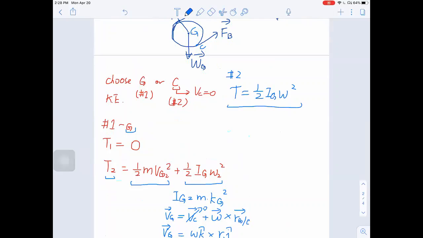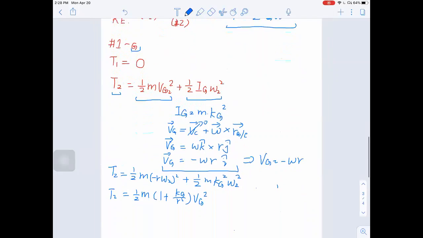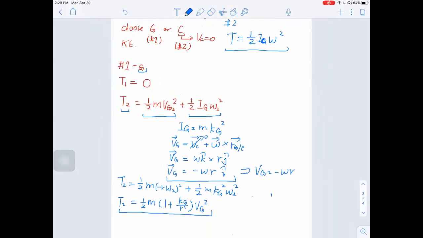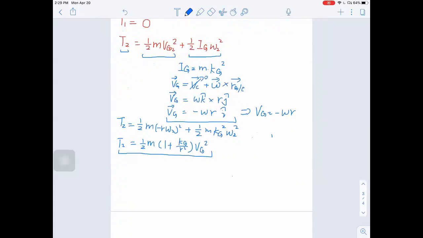Oops, this is Ic, sorry. Your equation may look simpler, but you will find you do the same amount of work to end up with the same expression here, no matter which point you pick. So either way will work. Okay, now next we should start analyzing the work done from all the forces.